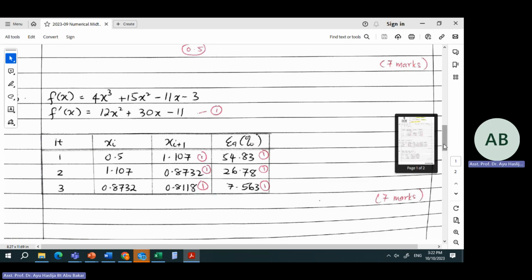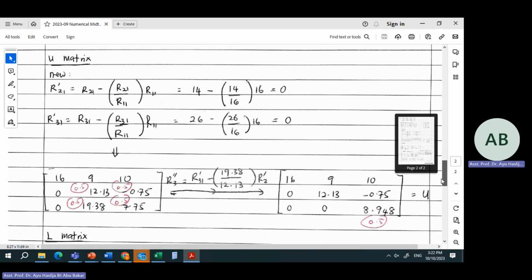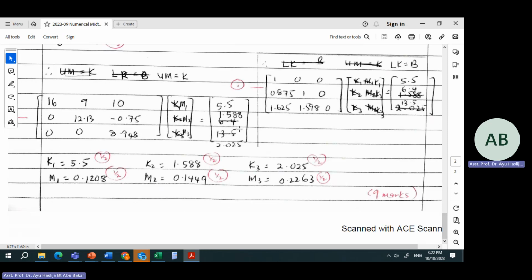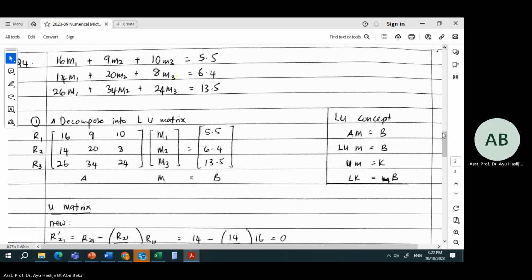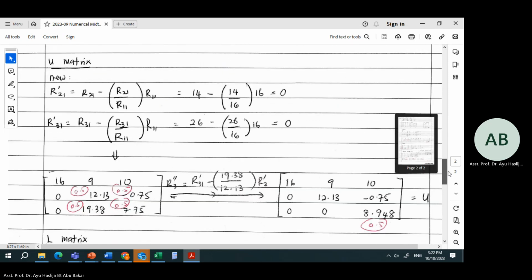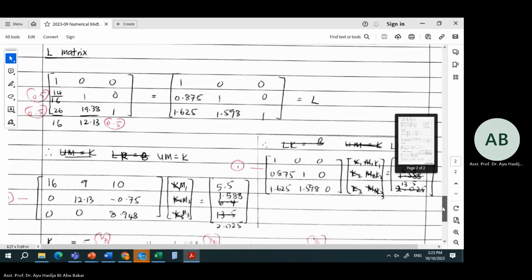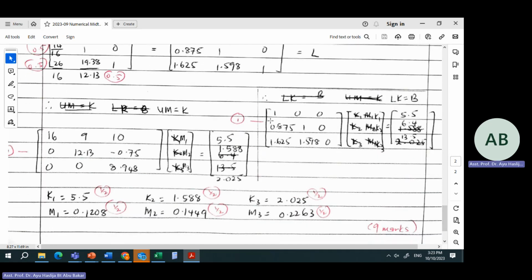Okay, then question 4. These are the matrices that you need to find: the U matrix and the L matrix. L matrix, then U matrix. Each step that you find, each level, you get half marks. Then you state LK equals B, you get 1 mark.